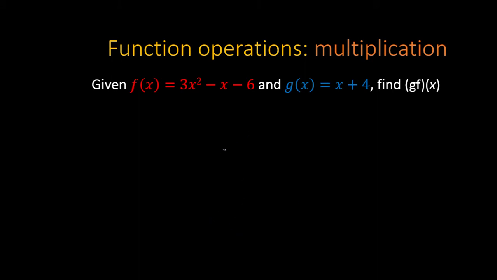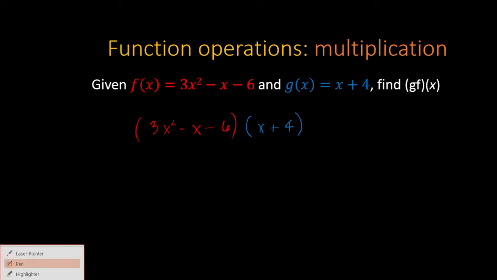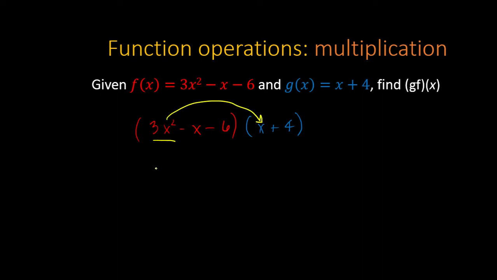All right, so we're going to multiply f of x by g of x. So I write out my f of x, put it in parentheses. I write out my g of x, put it in parentheses, and now I do my multiplication. So I'm going to take 3x squared times x, 3x cubed. 3x squared times 4, 12x squared.